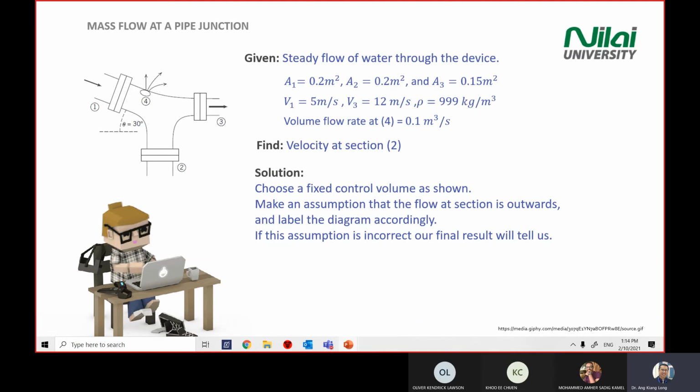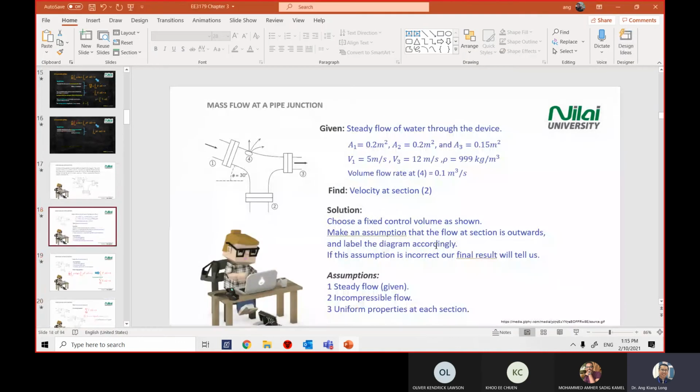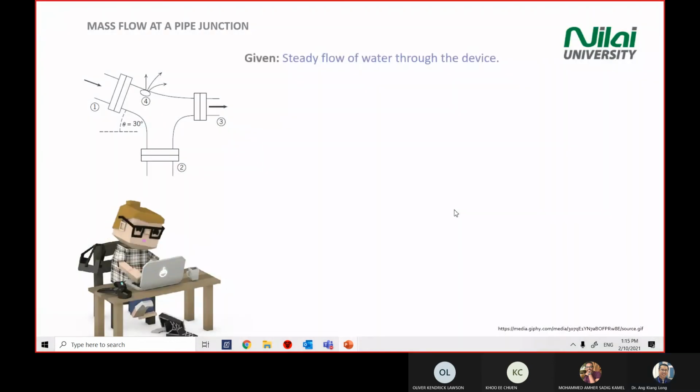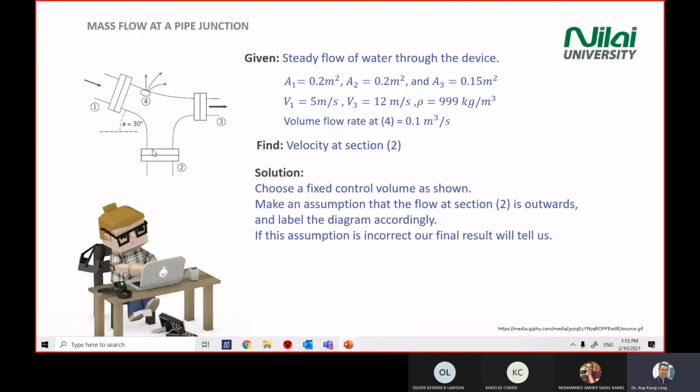Then we make an assumption about the flow at section 2: we assume the flow is going outward.